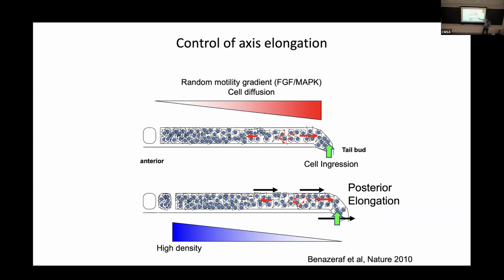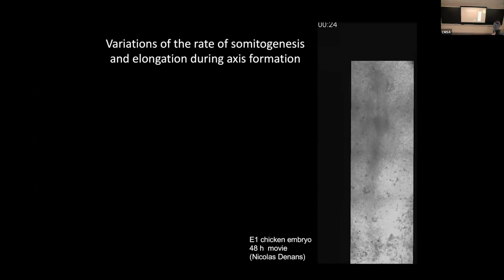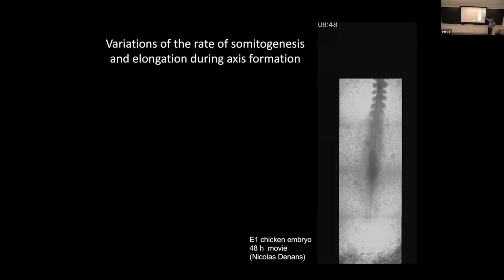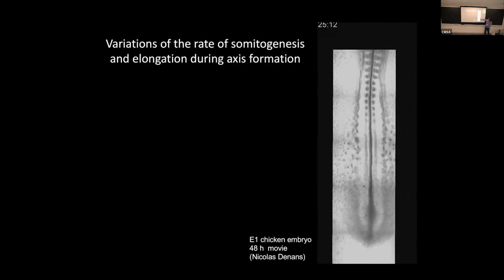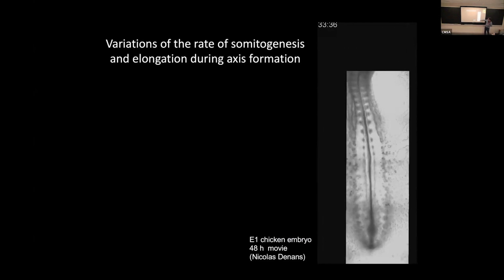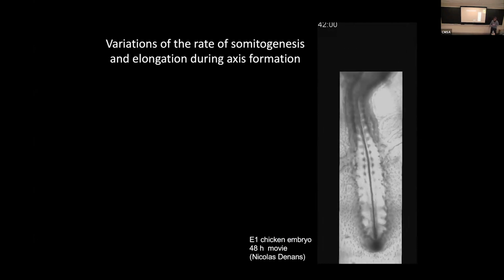But what's important is to understand that this injection process of cells from the stem cell zone that I just showed is what also is going to control the elongation parameter of the embryo. And now if you track the elongation process in time, which is what you can see here, this is a 2-day movie of a chicken embryo.